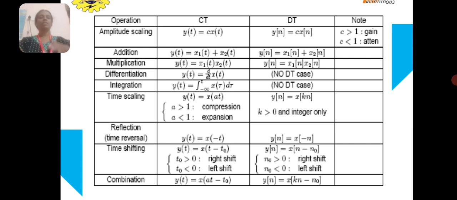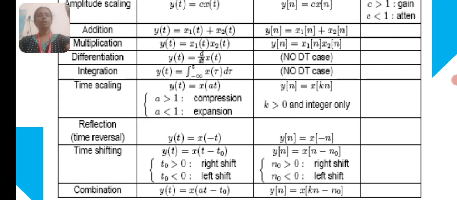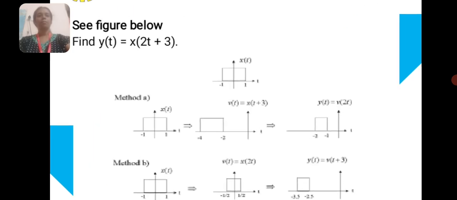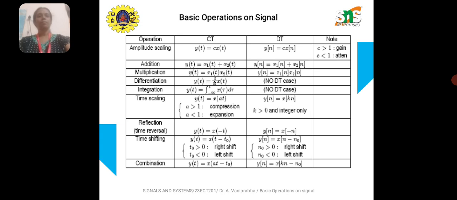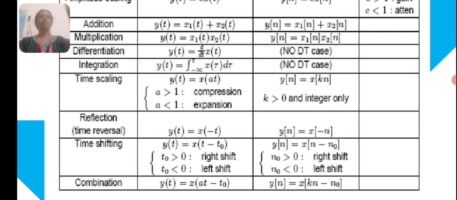If the time shift t naught is greater than 0, then it moves towards the right shift, and if it is less than 0, it moves towards the left shift. So that is the same for discrete time also.